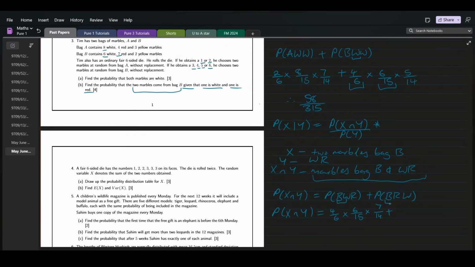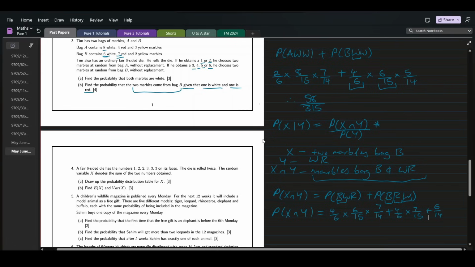Plus the probability of picking bag B, that's 4 over 6, multiplied by picking a red marble, that is 7 out of 15, and then picking a white marble, now we have 14 marbles remaining, and from bag B we've got 6 white, so it's 6 out of 14.